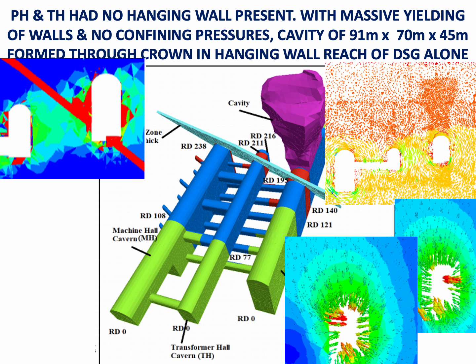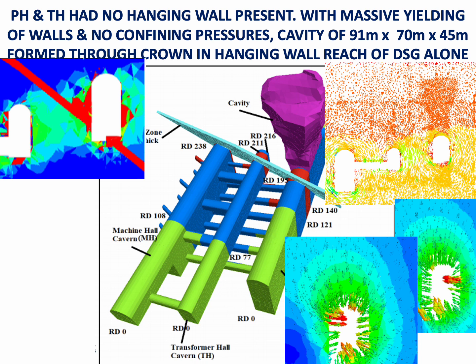As a result, besides the confining pressure which was to be provided to ensure stable arch action in the crown being reduced to tensile stresses in the caverns, a big difference seen in the case of Downstream Surge Gallery is the presence of a huge zone of relaxation developed in the crown, but that happened only in Downstream Surge Gallery, in a reach lying over the traverse of the shear zone in the hanging wall reach, wherein even major principal stresses were reduced and marginalized.